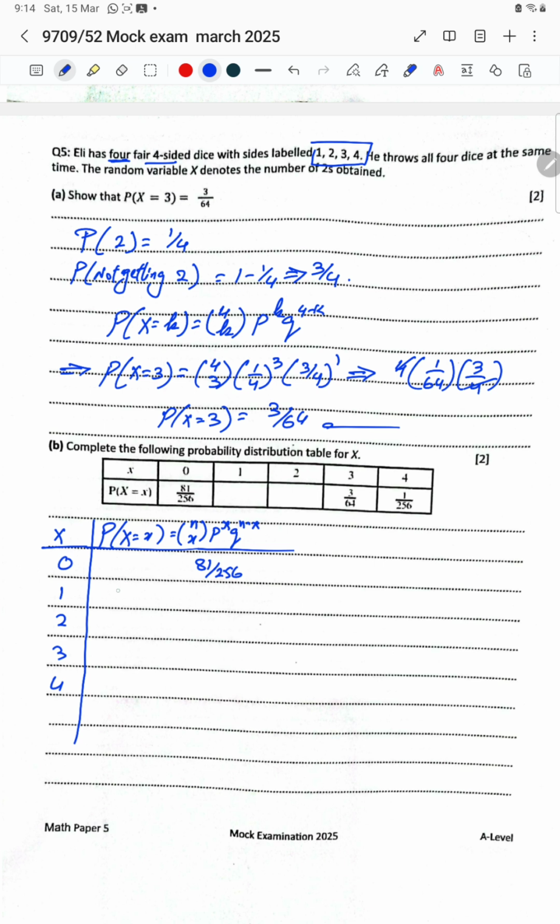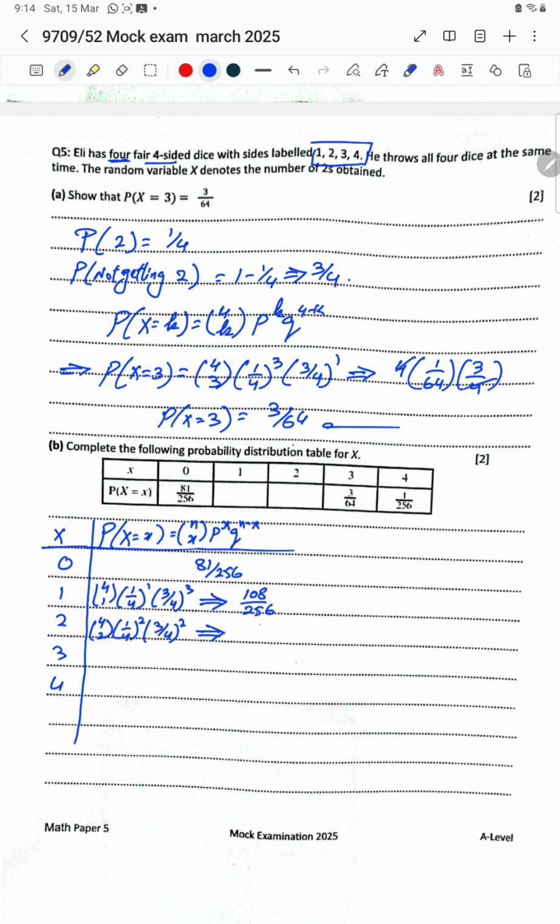But when x is 1, so 4C1, p is 1 by 4 power 1, and q is 3 by 4 power 3. I will get 108 by 256. Similarly, 4C2, 1 by 4 power 2, 3 by 4 power 2 as well.